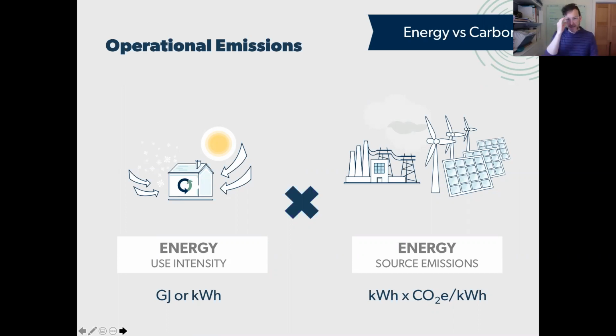So when we're thinking about the carbon footprint of buildings, our thoughts about energy efficiency need to adapt to make sure that we're looking not just at the energy as the goal, but at the source emissions times the amount of energy, so that we know what the actual carbon footprint of the operations of that building might be.